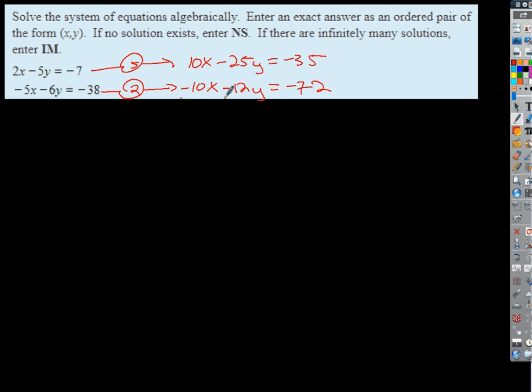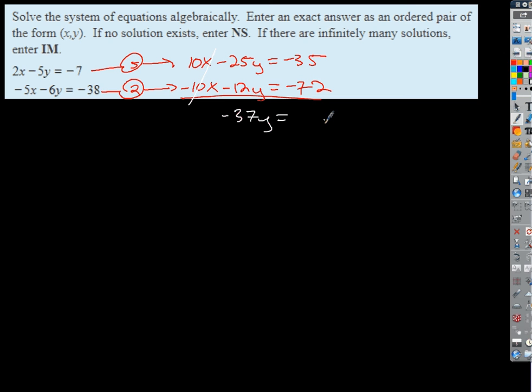Okay, and if I add those up, just like we hoped, the x's cancel. That's good. Negative 25y plus negative 12y is negative 37y. And then how about over here? They're both negative, so I'm going to add them together and get a big negative, right? There you go. 30 and 70 is 100.